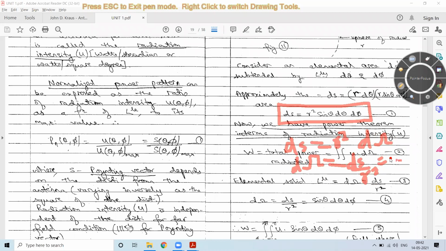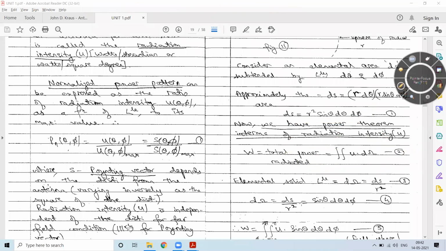If I take r square to this side, what is left is only sine theta d theta d phi. So therefore, this is what is represented over here. That is, d omega is ds divided by r square, which is sine theta d theta d phi.